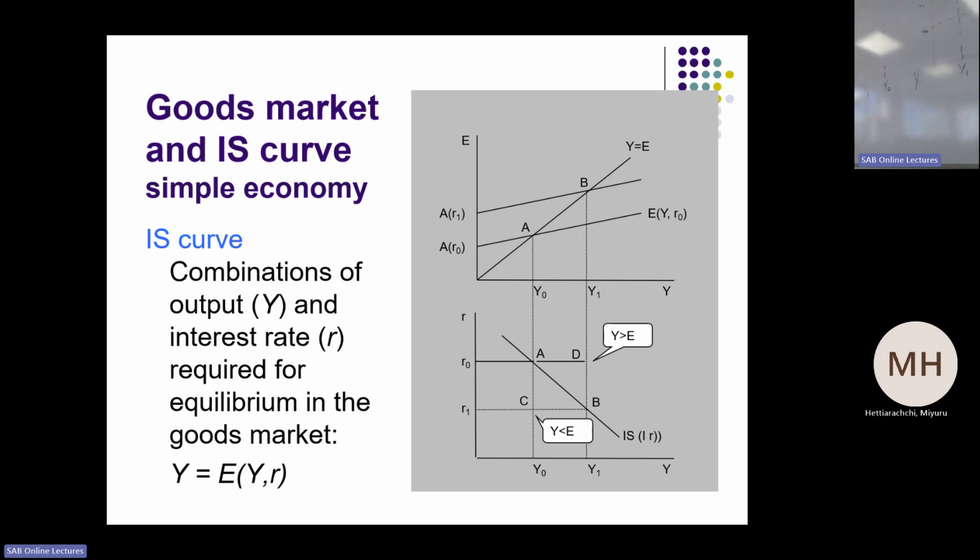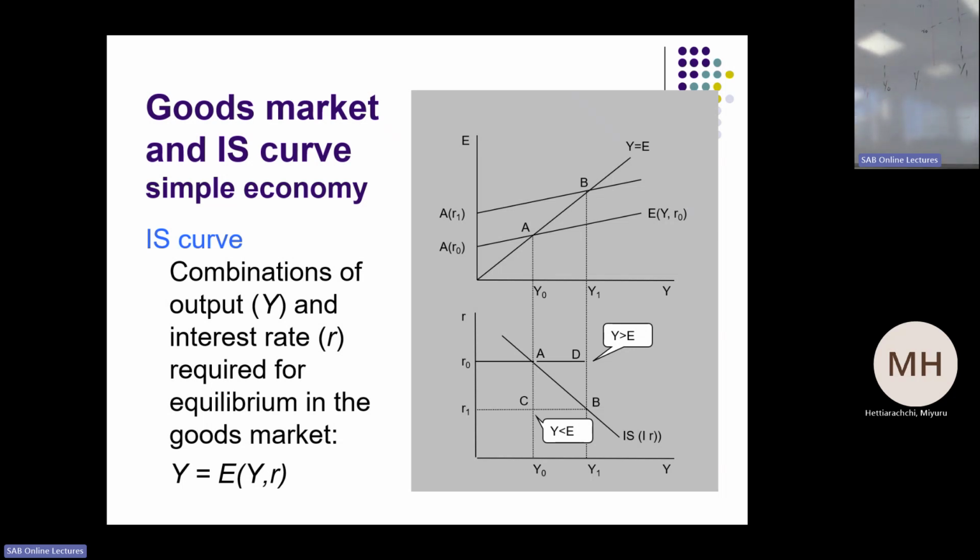Now we can draw this in one graph as well. In one graph all these things we can represent.